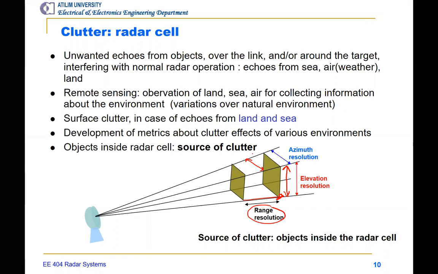Once we determine these 3 resolutions, we actually determine the radar cell. That's a volume in space, and it's highly dependent on the range and the beam width of the antenna in azimuth and elevation.